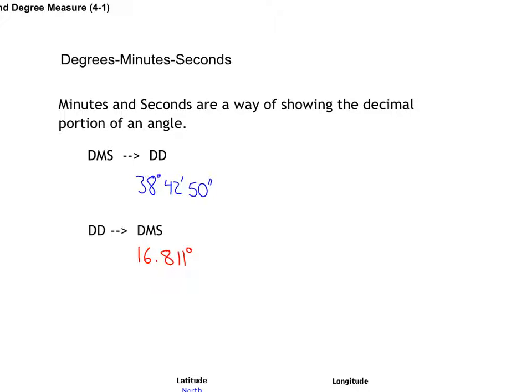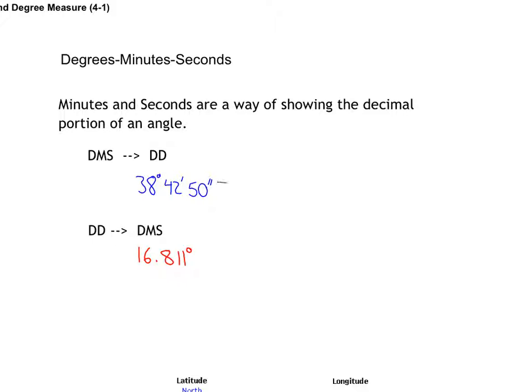So I want to look at converting here a little bit. A common abbreviation for degrees, minutes, and seconds is DMS. And DD stands for degrees with decimals. So we can convert from degrees, minutes, and seconds to degrees with decimals if we remember that how many seconds are in a minute? 60.